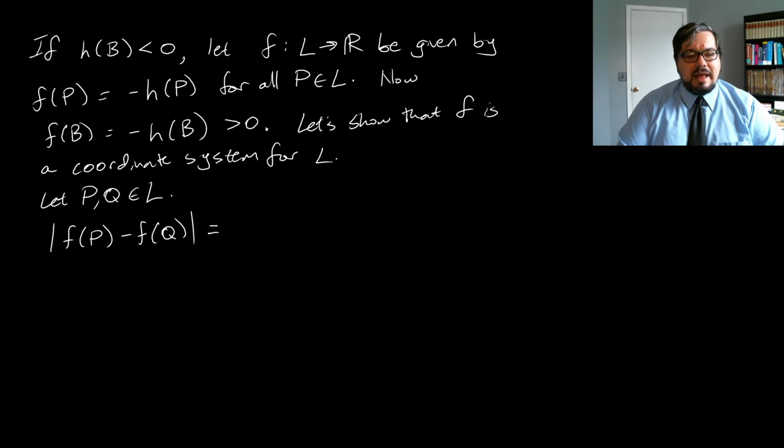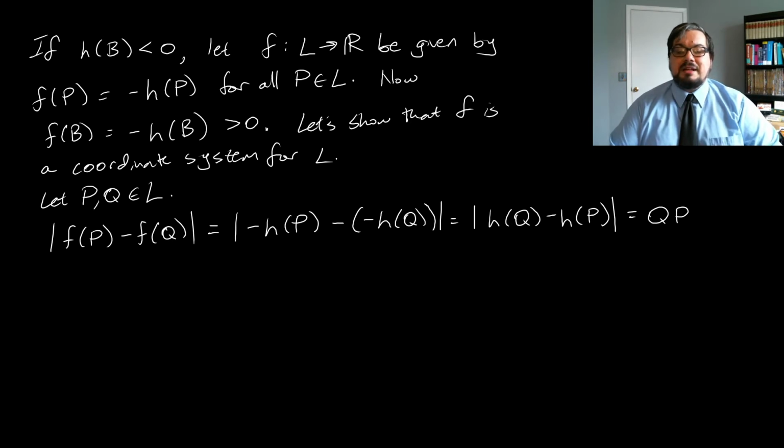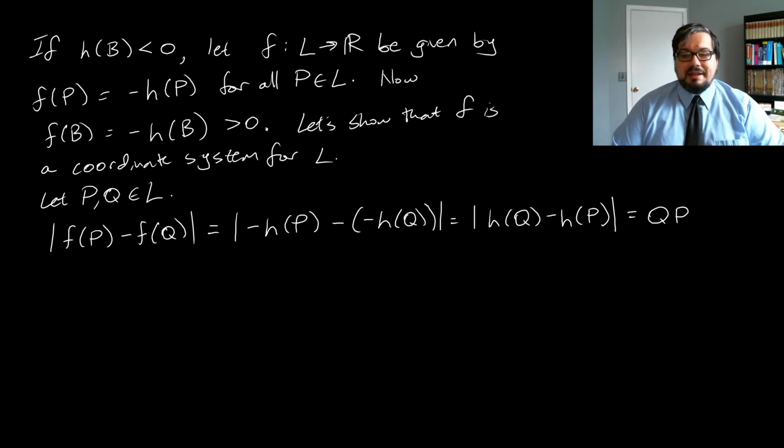Now, f of P we know is minus h of P, and f of Q we know is minus h of Q. That means we can rearrange this to get positive h of Q minus h of P, which equals QP, and that's because h is a coordinate system.